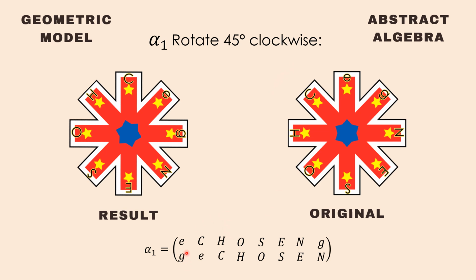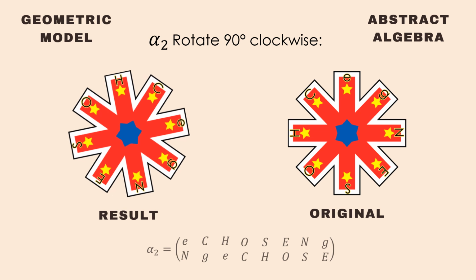We got E maps to G, so E, G, C, E, H, C, O, H, S, O, E, S, N, E, and G, N. So here is the result.